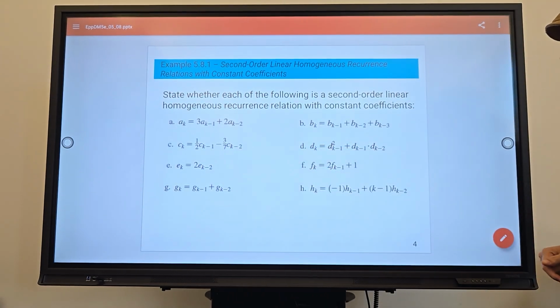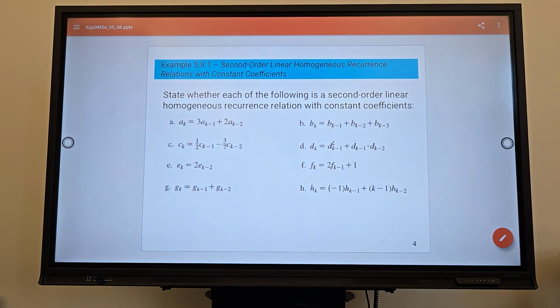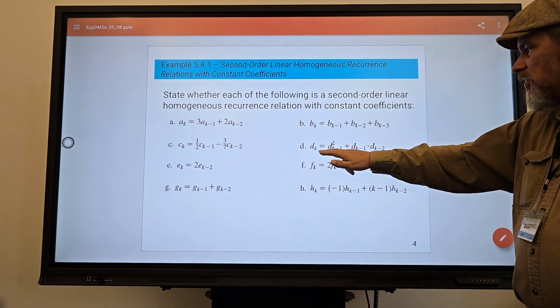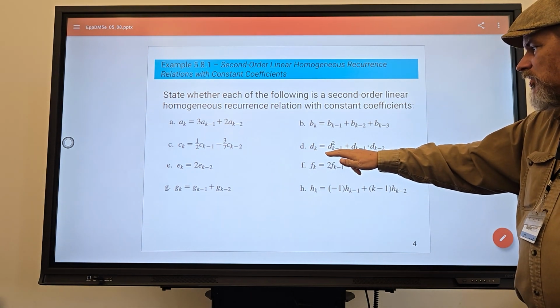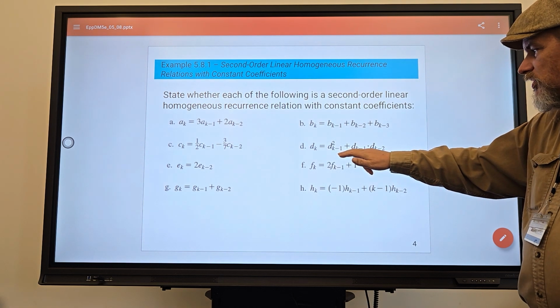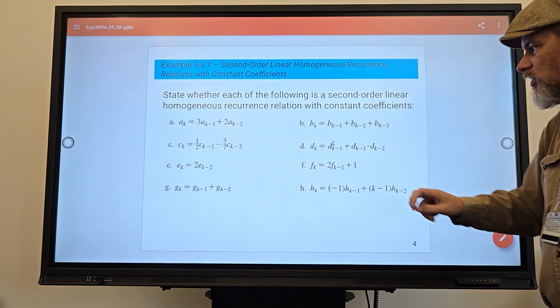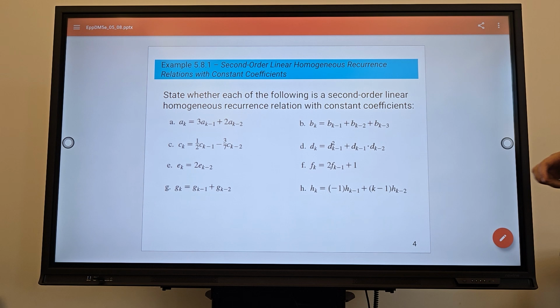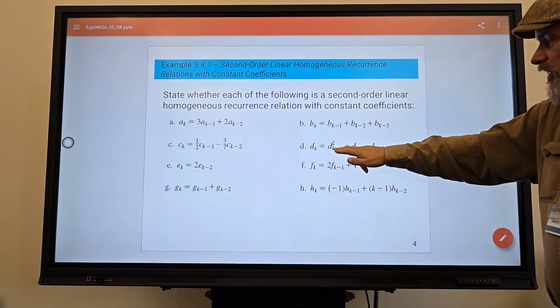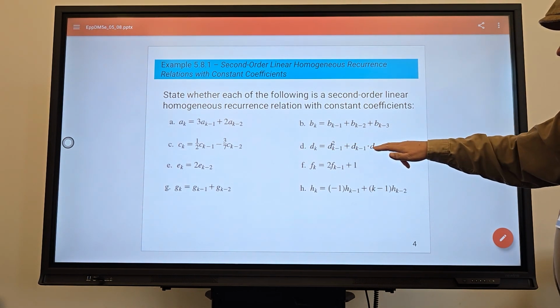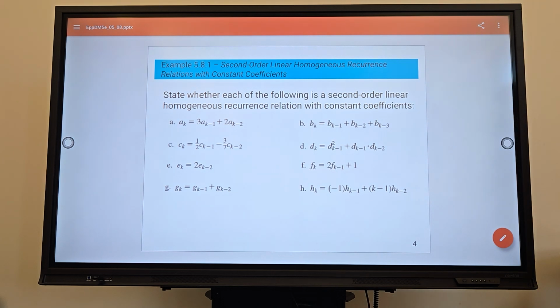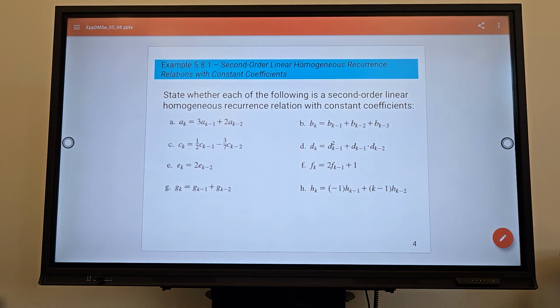So yes, that is a second order linear recurrence relation. D, the term is squared or multiplied, so it's nonlinear. So that would not be a linear homogeneous recurrence relation.